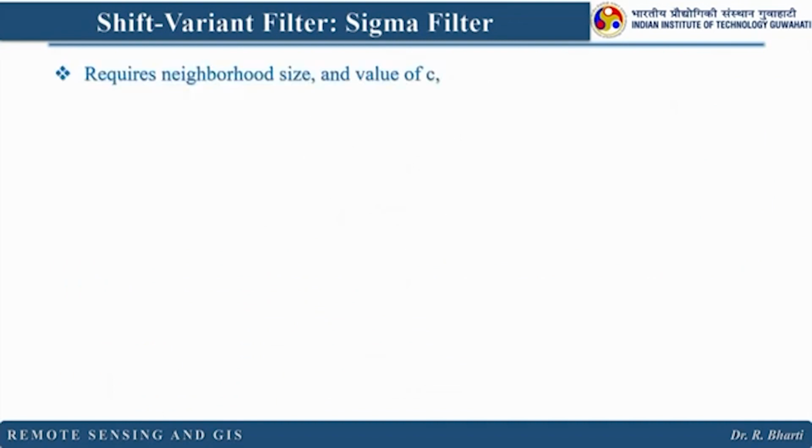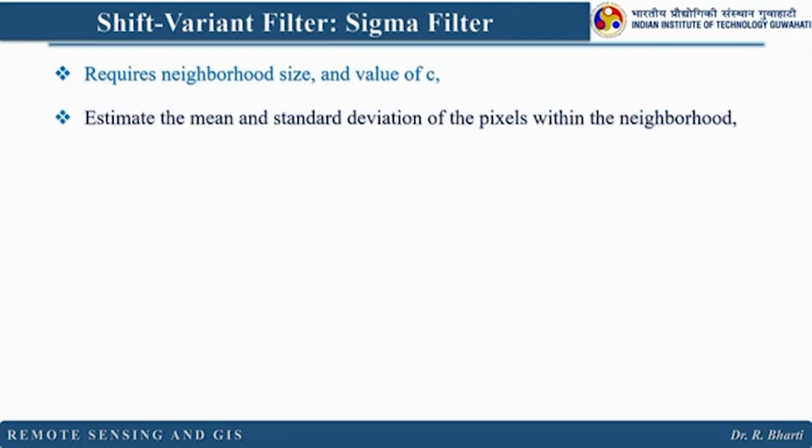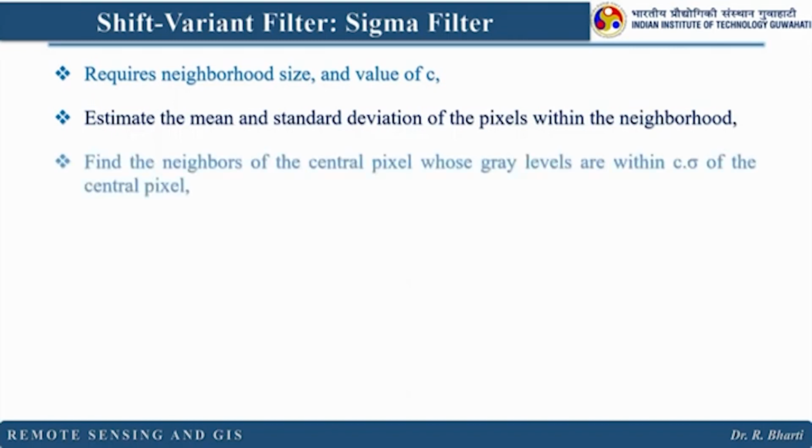Further, it requires neighborhood size and value of C. Neighborhood size is either 3 by 3, 5 by 5 or 7 by 7, and C is 1 sigma, 2 sigma or 3 sigma, and it estimates the mean and standard deviation of the pixels within the neighborhood.